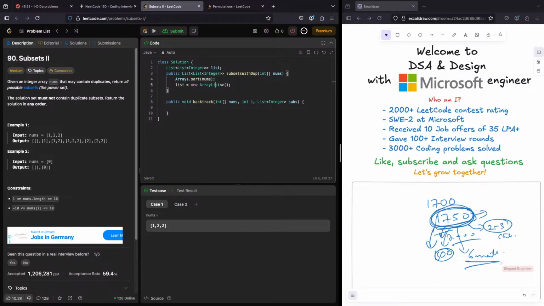Arrays.sort(nums). So once we have added this, we'll do the same thing.